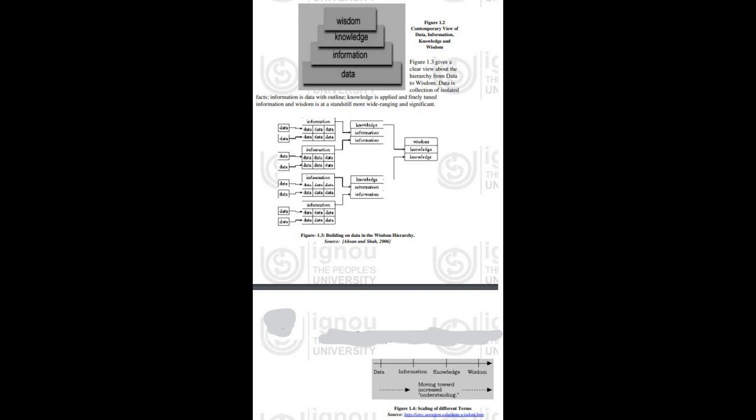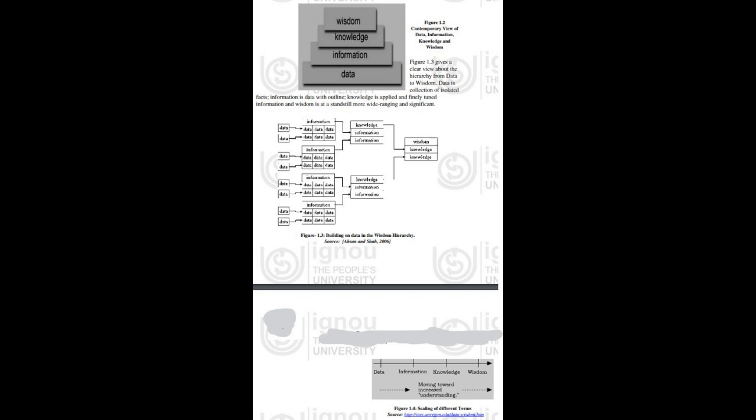And this encompasses an understanding of all the interactions that happen between raining, evaporation, air currents, temperature gradients, changes and raining. Figure 1.2 shows the contemporary view of the data, information, knowledge and wisdom. Look at the screen. Figure 1.3 gives a clear view about the hierarchy from data to wisdom.